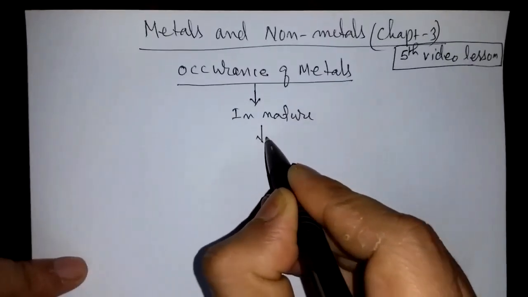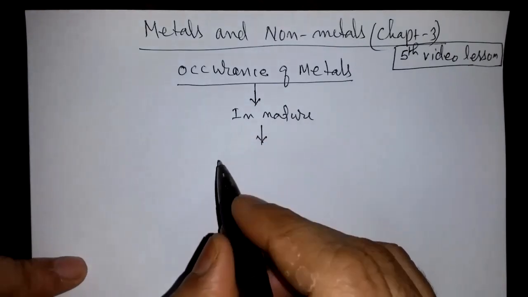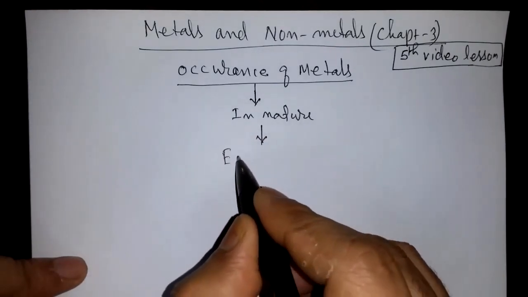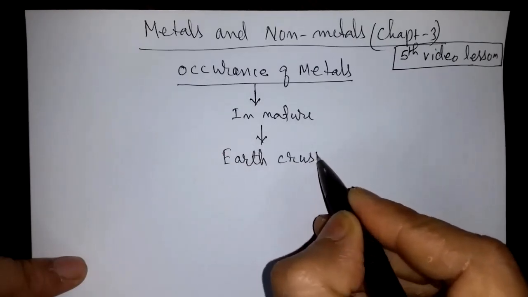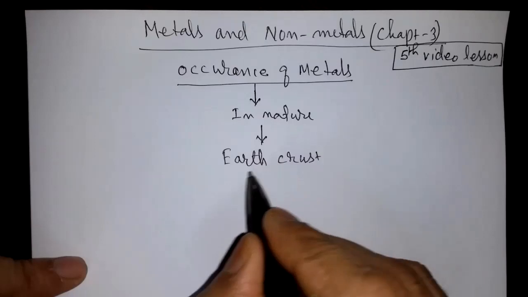In nature, majority of the metals occur inside the earth crust. Most of the metal will be inside the earth crust.